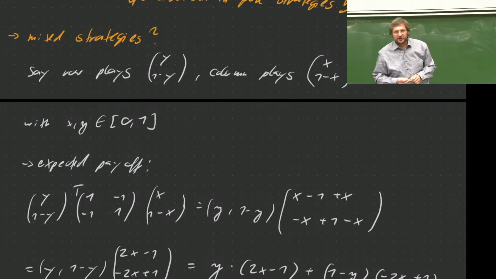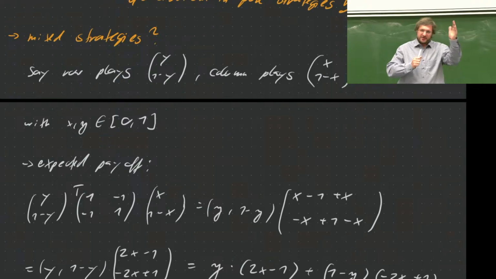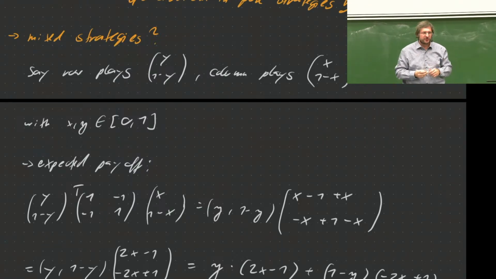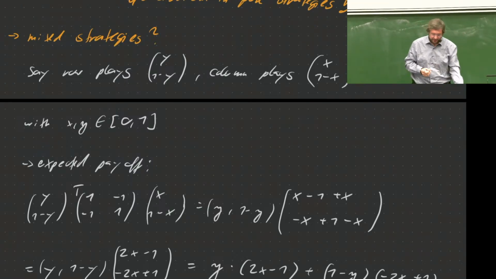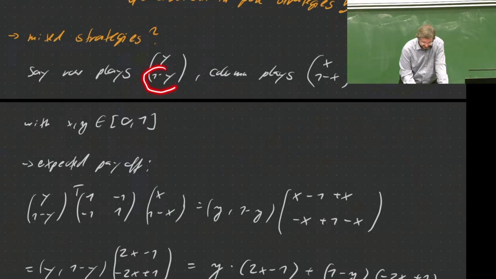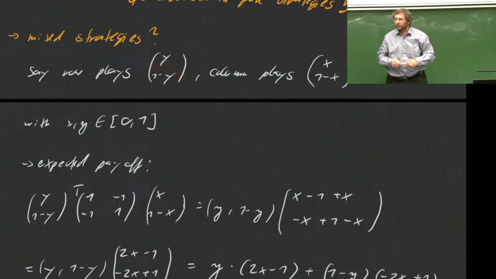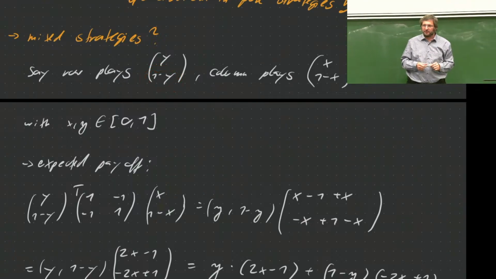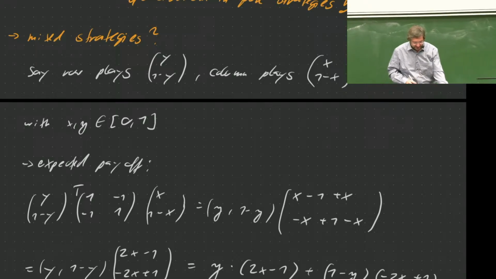Remember, a strategy is always a vector with entries between 0 and 1, and the sum of all entries is 1. So it's a probability distribution over the possible actions. So if action 1 has a probability of y, then necessarily the second action must have a probability of 1 minus y, because there are just 2 actions. That makes things a little easier.